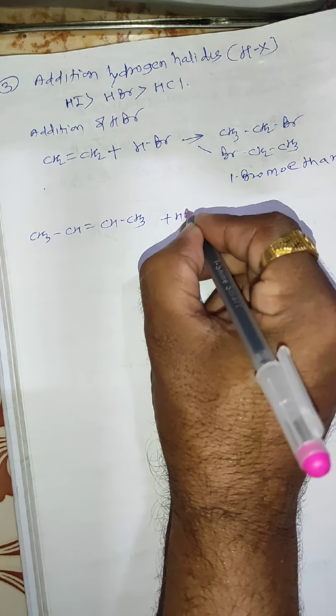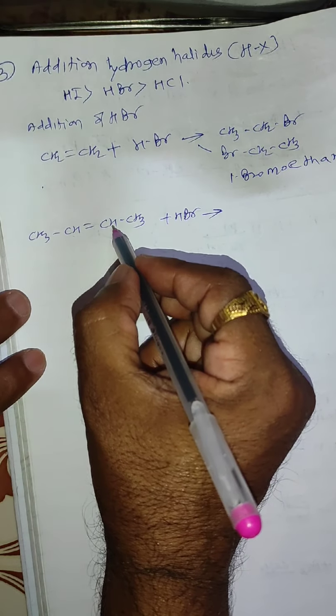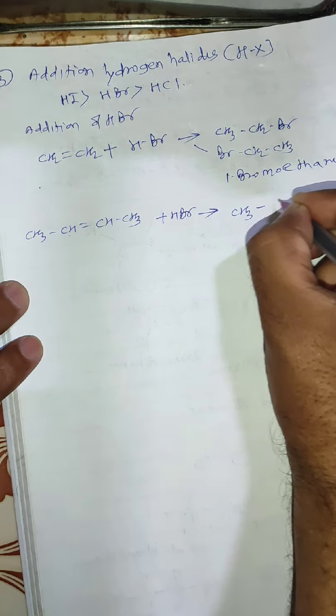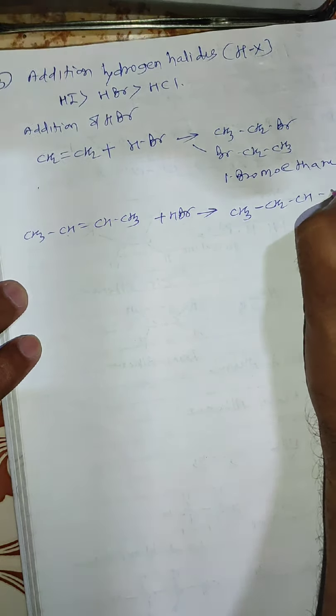These are added with HBr. The bromine is added to this carbon or this carbon, and it gives the corresponding CH3CH2CHBrCH3. The name of this compound is 2-bromobutane.